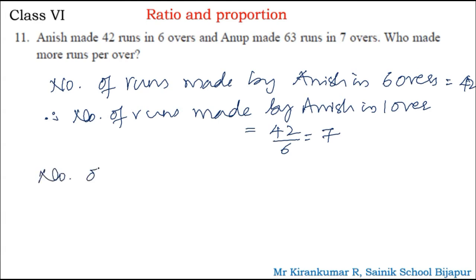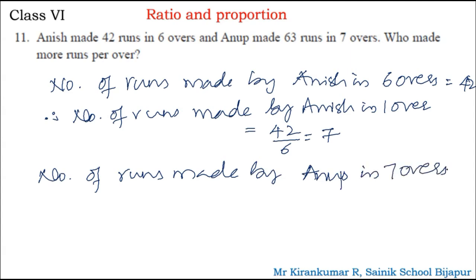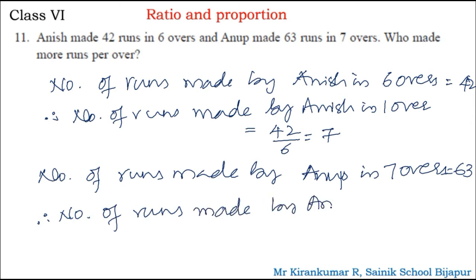For the other person, the number of runs made by Anup in 7 overs is 63. Therefore, the number of runs made by Anup in 1 over will be equal to 63 upon 7, which is 9.